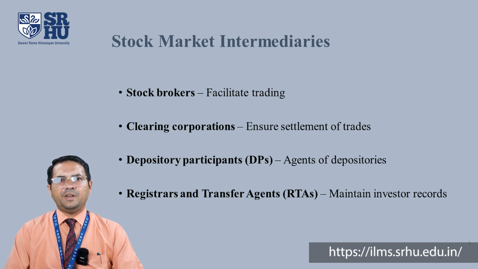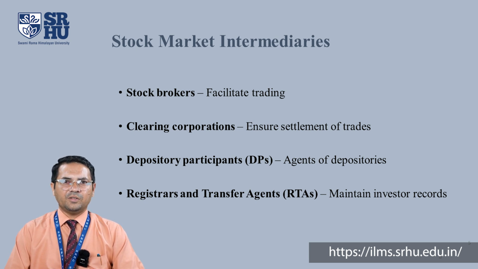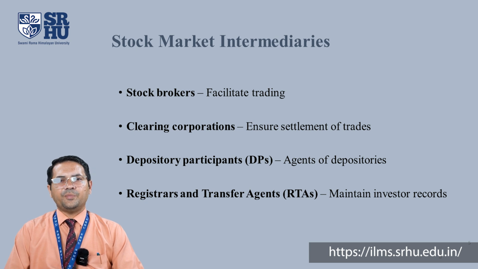Thereafter, the next intermediary is known as registrars and transfer agents, normally known as RTAs. These RTAs handle the records of shareholders for companies. They ensure that corporate actions like bonus issues, dividends and rights issues are correctly processed.